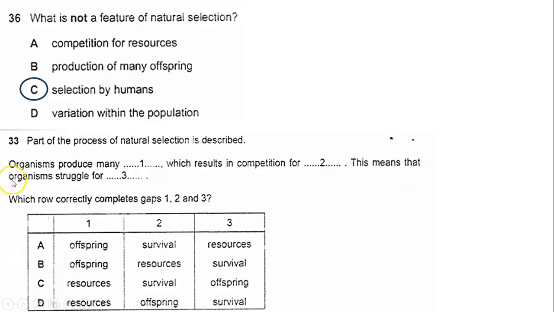This means that organisms struggle for space. Now it's gonna be B. Organisms produce many offspring, which results in the competition for resources. This means that organisms struggle for their survival.